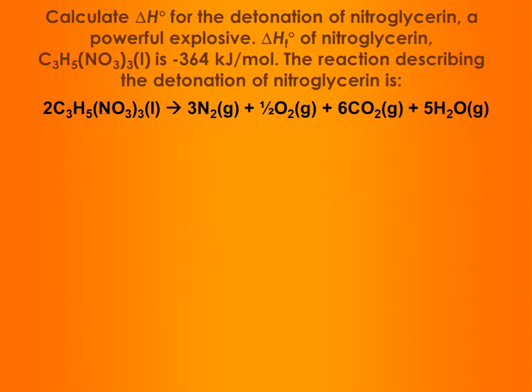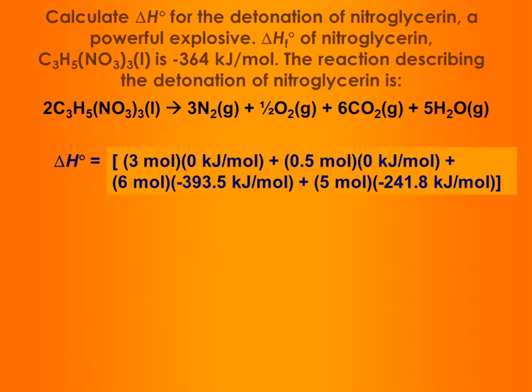This is just another example of that type of calculation. Nitroglycerin is not in your chart, so I did provide you with its enthalpy of formation. We already know about nitrogen and oxygen because they are elements in their standard state. Carbon dioxide was the negative 393.5. The gaseous water was the negative 241.8.